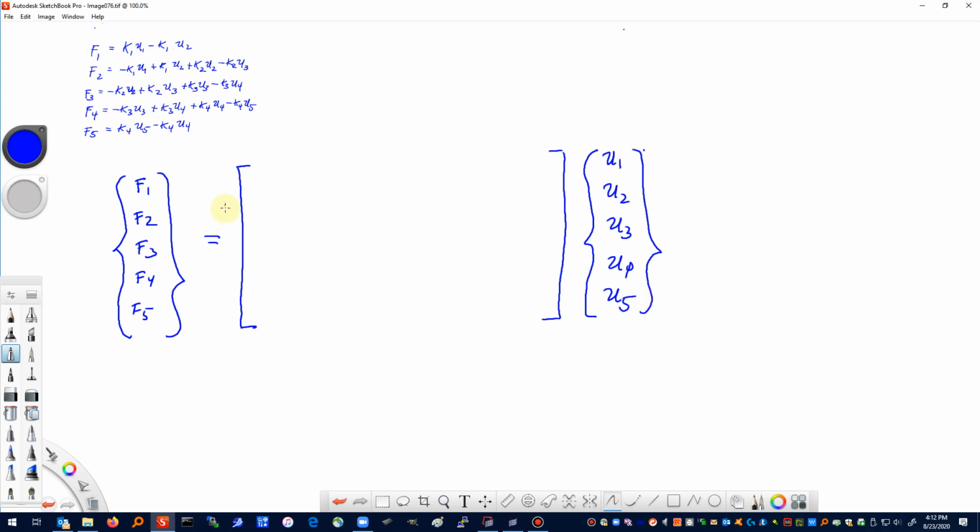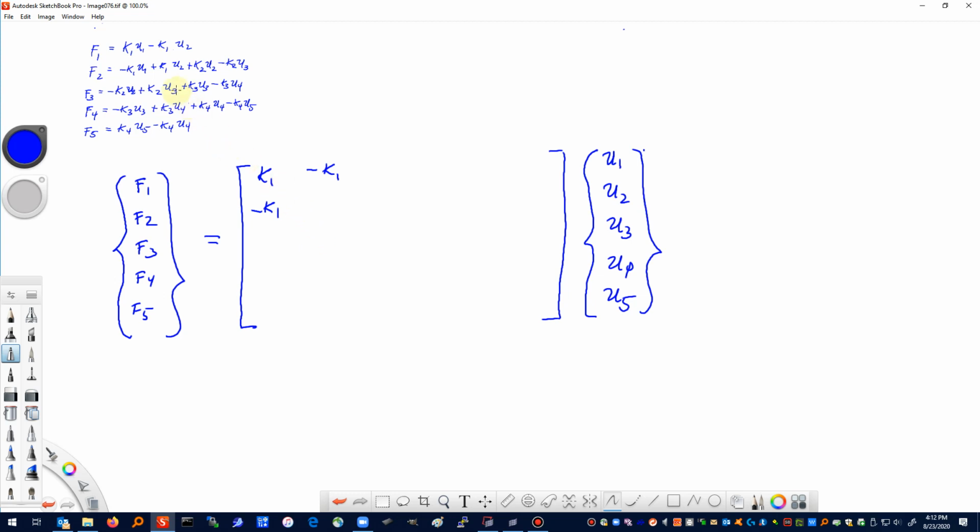Our first line is we have a K1 U1 and we have a minus K1 U2. Our second line has U1, U2 and U3 in it. So it has a U1 in it, so that's a minus K1.